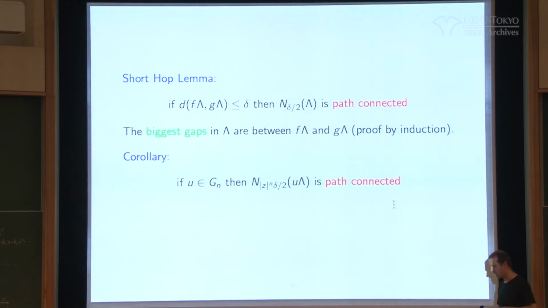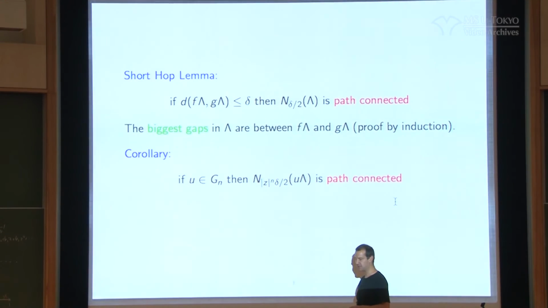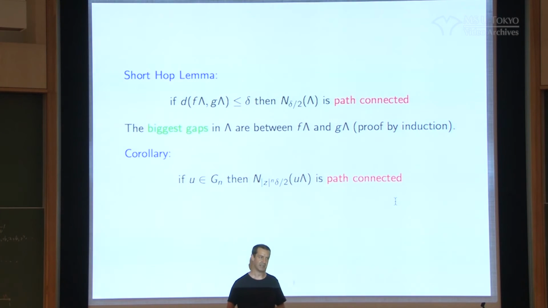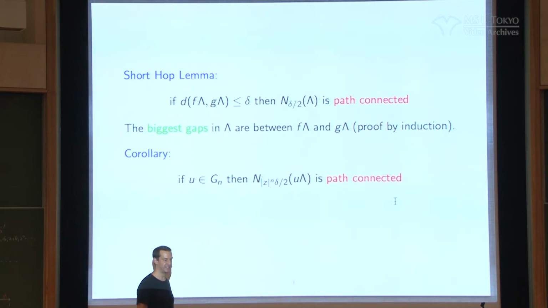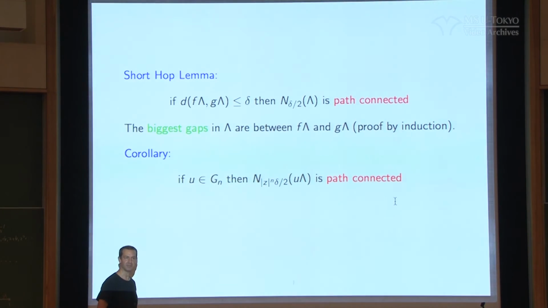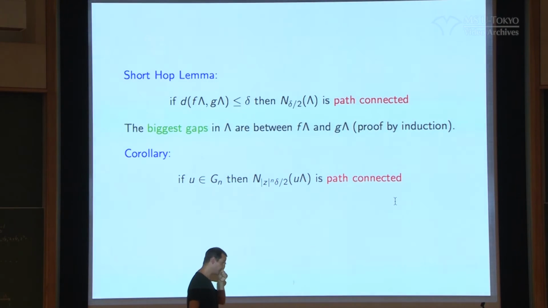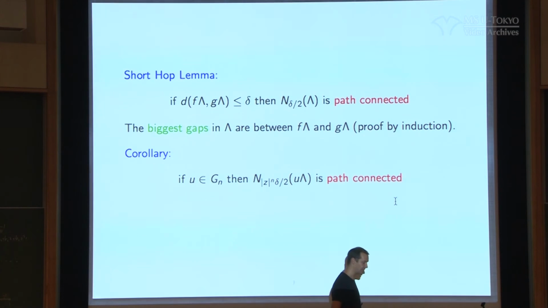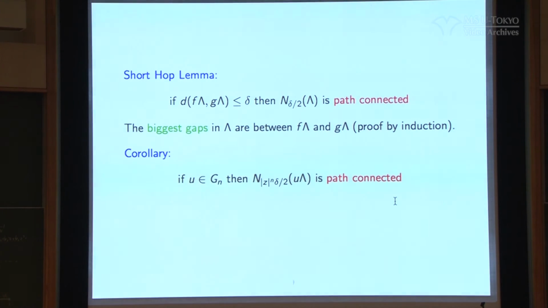Well, you can ask, how big a neighborhood of it do you need to take before it becomes connected? Okay, it's a compact set, so you draw a big enough disk around it, you get something connected. What's the smallest neighborhood you need to draw around it to get something connected? Equivalently, what's the smallest number with the property that any 2 points in my set can be joined by a path which hops from point to point, and the hops are bounded in size.